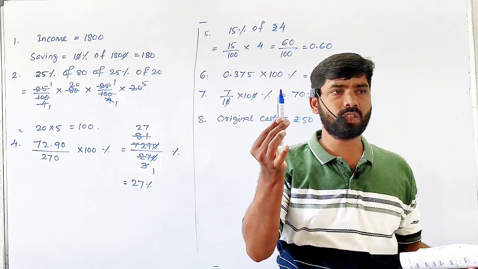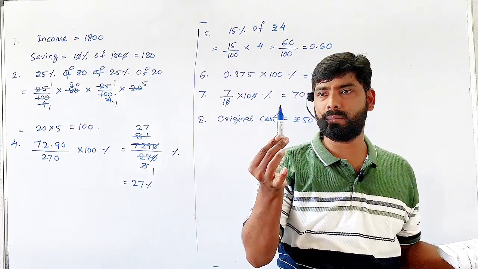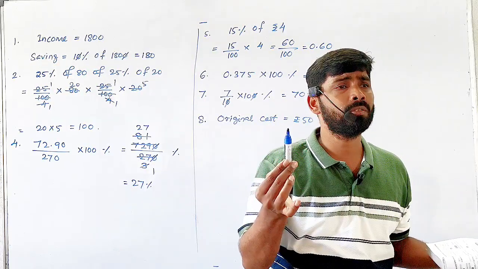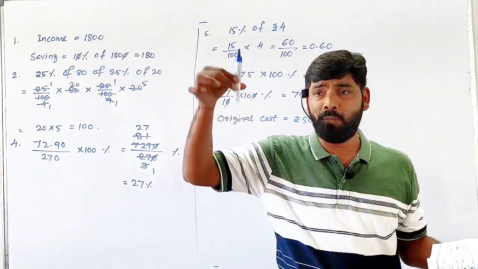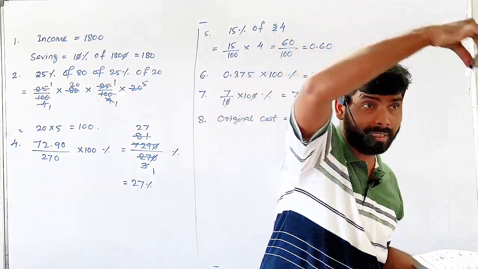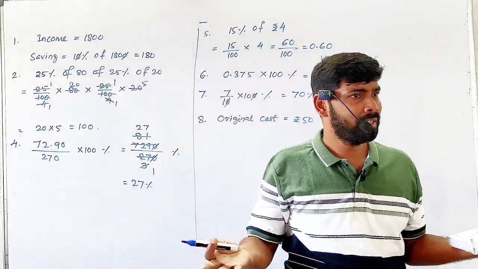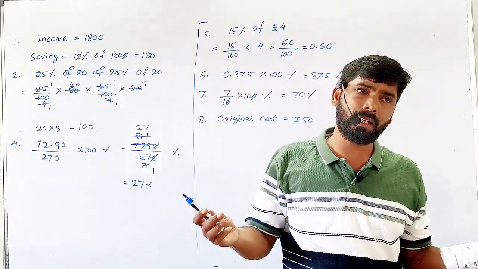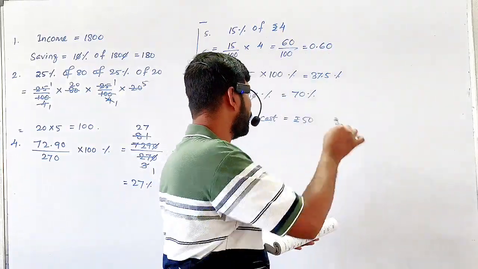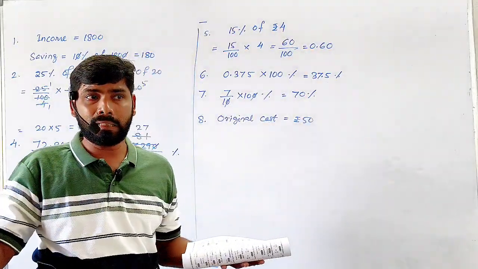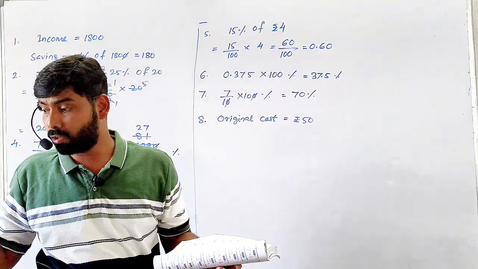This marker cost 10 rupees last year. This year it became 12 rupees. How much did it increase? How did you get 2 rupees? Final cost minus original or initial cost: 12 rupees minus 10 rupees. Similarly, here the first cost was 50 rupees and then it increased to 62.50 rupees.